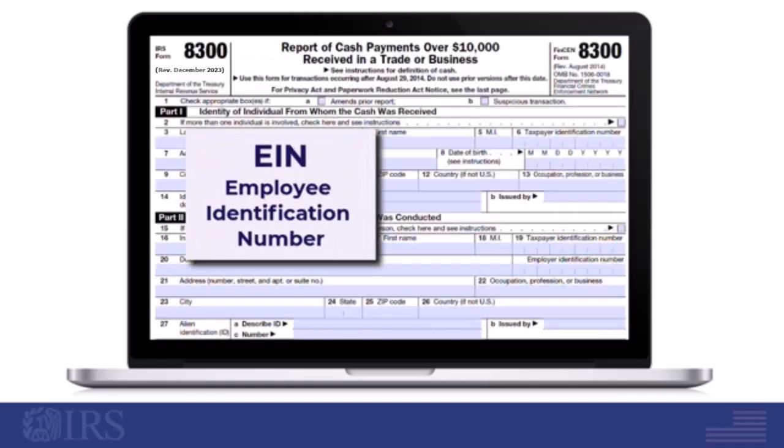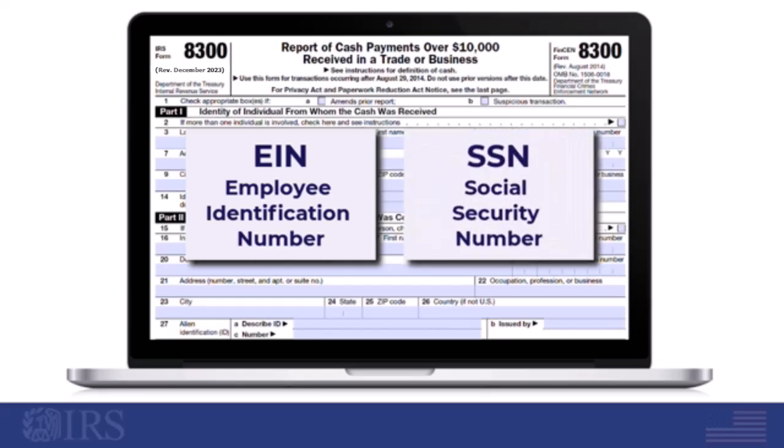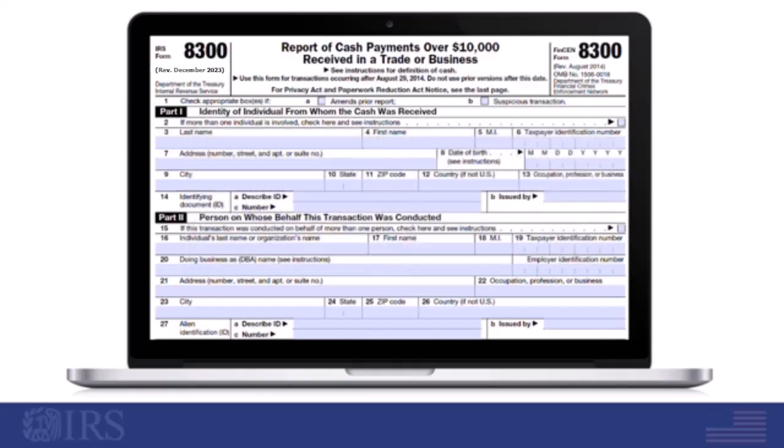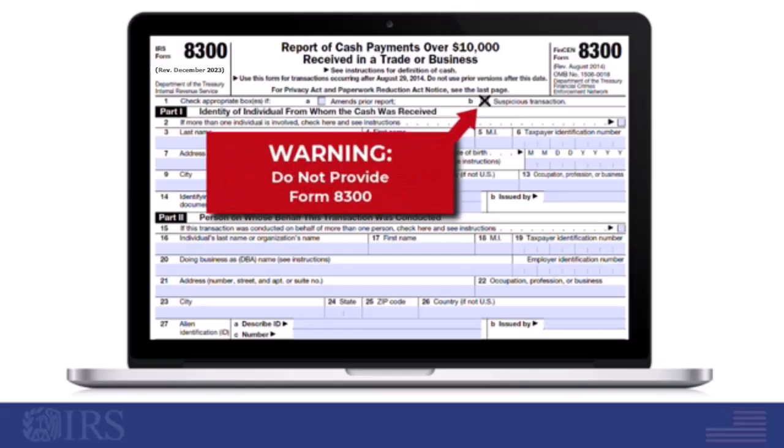For example, the employer identification number, commonly called an EIN, or Social Security number, commonly called the SSN of the filer. If a Form 8300 is marked suspicious and meets the threshold, then a payee statement would be required. Under no circumstances do you provide the Form 8300 as the payee statement if the form is marked suspicious.